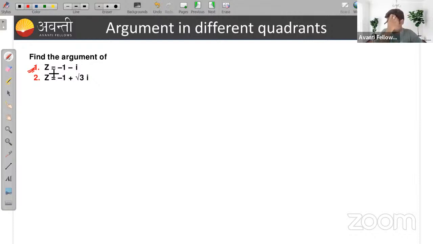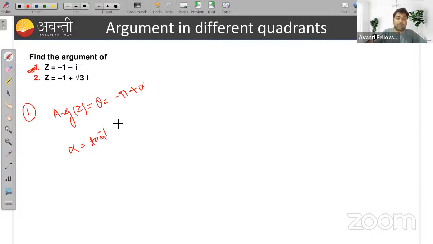See, it is lying in the third quadrant. So in the third quadrant, what is the argument of the complex number? Theta is equal to minus pi plus alpha, where alpha is equal to tan inverse of mod of y upon x.